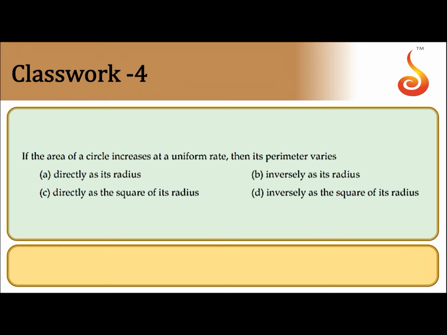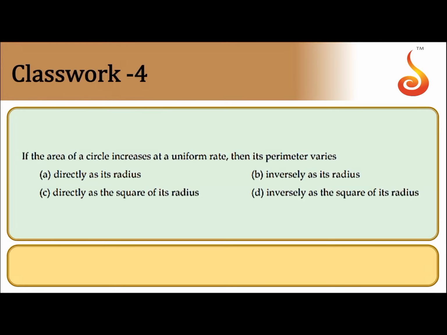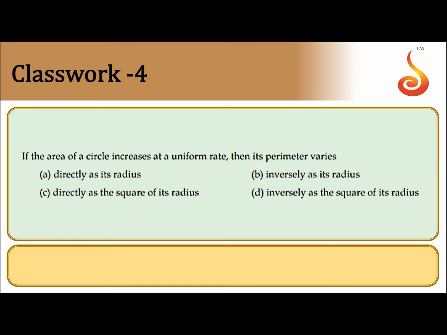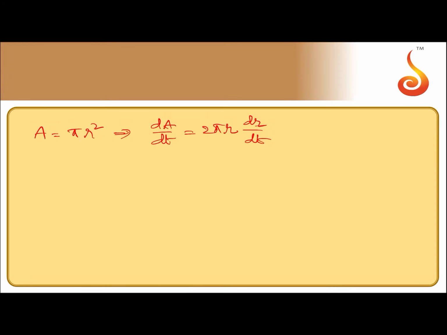A = πr², and therefore dA/dt = 2πr · dr/dt. Since the area is increasing at a uniform rate, this is a constant value.